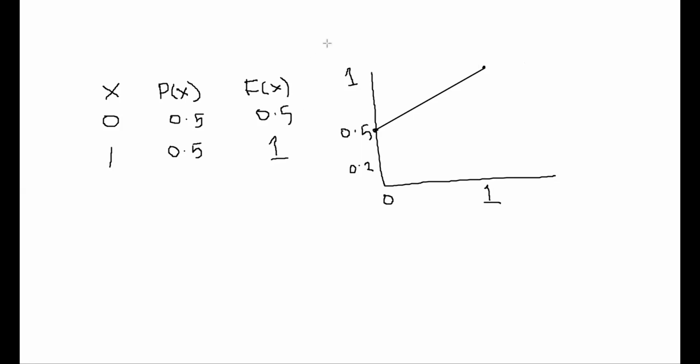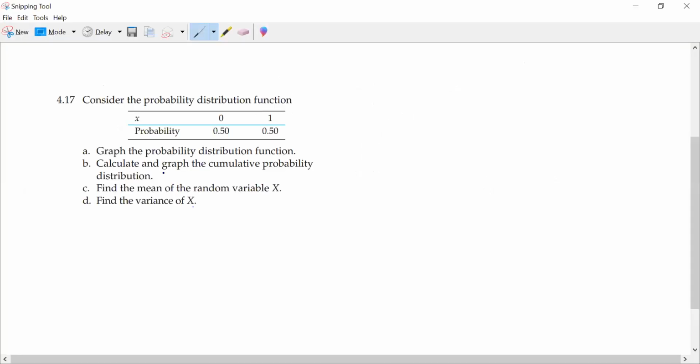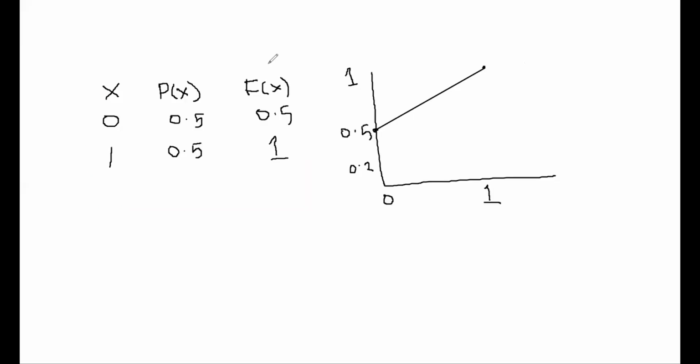Okay, so let's go back to the question again, the next part. So that was B. C says find the mean of the random variable x. In order to do that, I would like to remind you the formula for expectation of x.